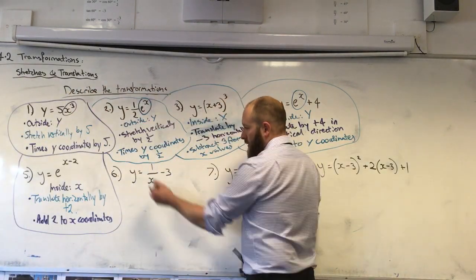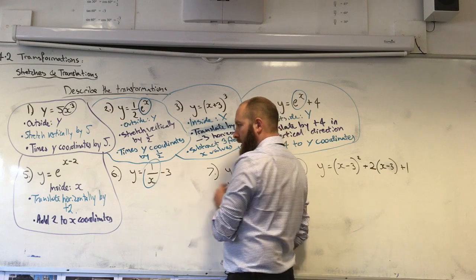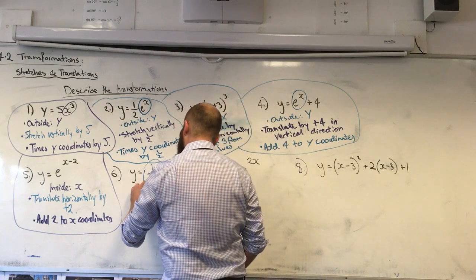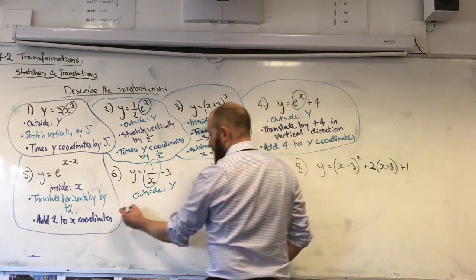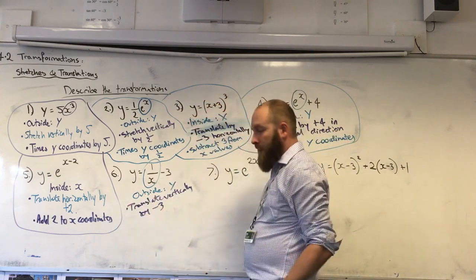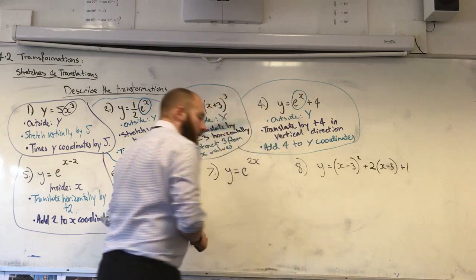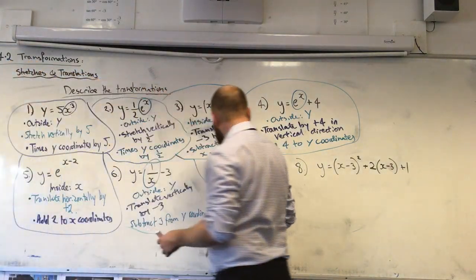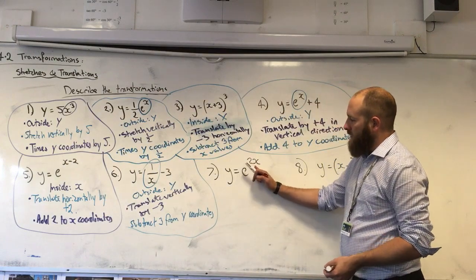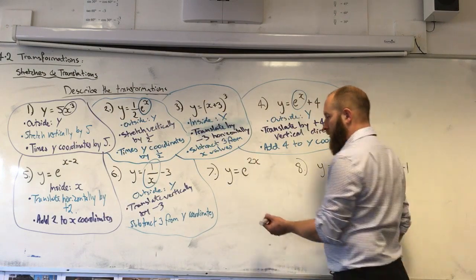Right, next one, so there's our original function, so we can see it's outside. So we're going to translate vertically by -3, which in other words means take 3 from our y coordinates. Okay, last 2. So again, here's our function. The 2 is part of the x there. It's inside the function with the x.